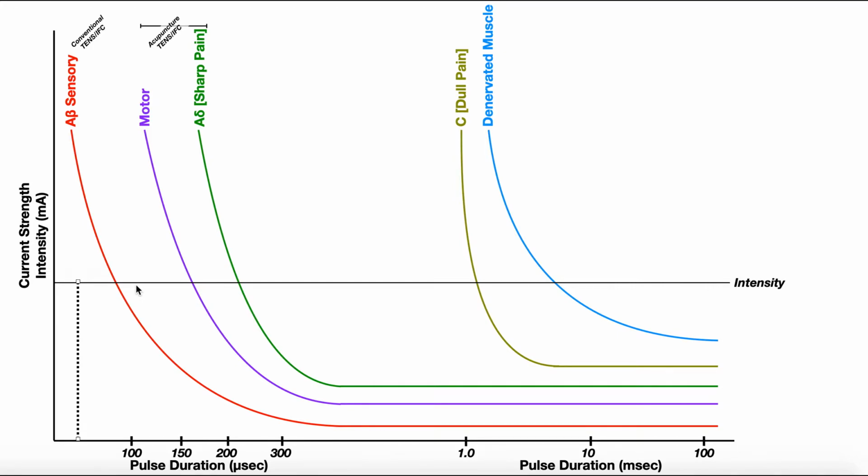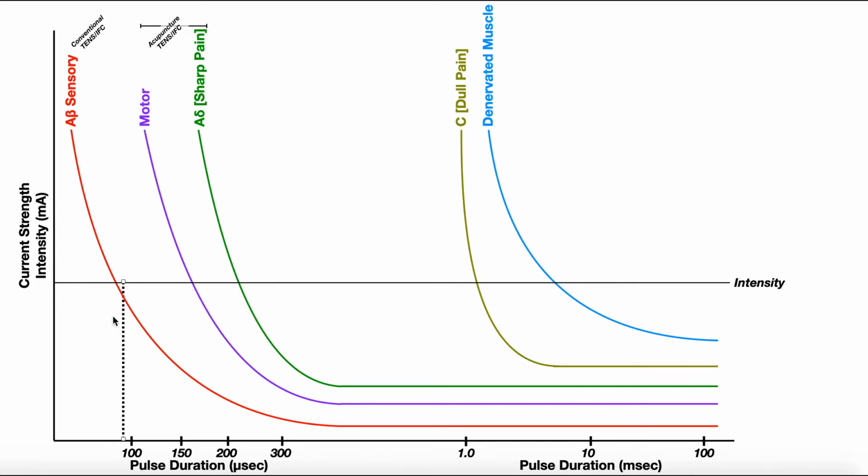Now, why is that useful? Well, let's actually go up to a pulse duration of about 80 microseconds. So right there, that's a pulse duration of about 80 microseconds. Now, at this pulse duration, does this vertical line cross the green curve? No, of course not. Does it cross the purple curve? Of course not.